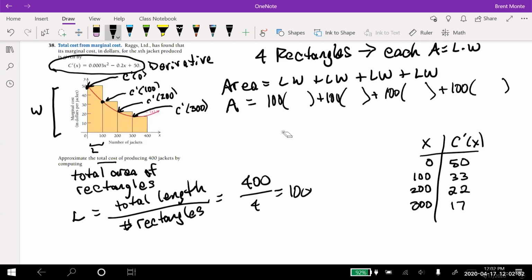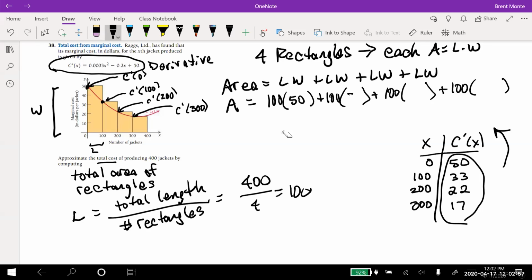Okay, so we've got all those values. That was those heights, and we see that 17 looks about right. That'd be about here. That seems reasonable. So I'm just plugging those values in up here. My first rectangle, the length was 100, and the height was 50.